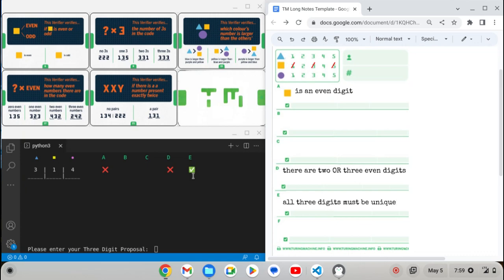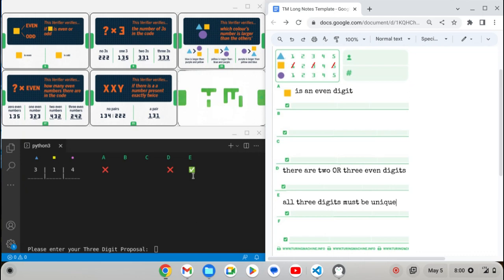And E tells us that they all have to be distinct. Okay. So, criteria D is rather important.